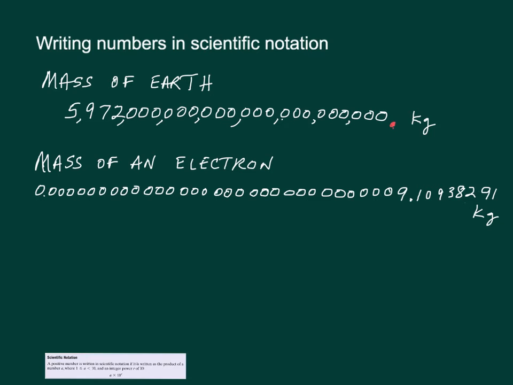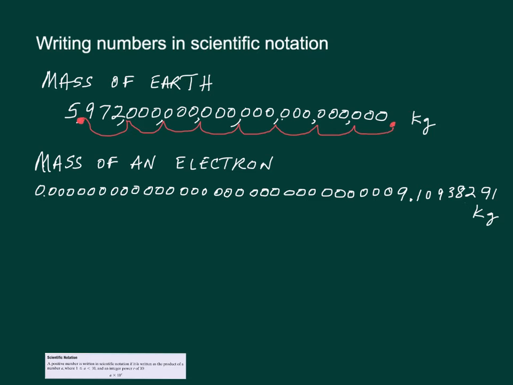If we move the decimal 3 places, 6, 9, 12, 15, 18, 21, 24 places, and drop it off between the 5 and the 9, that 5.972 is a number between 1 and 10. Notice what I'm saying. 5.972 is between 1 and 10.